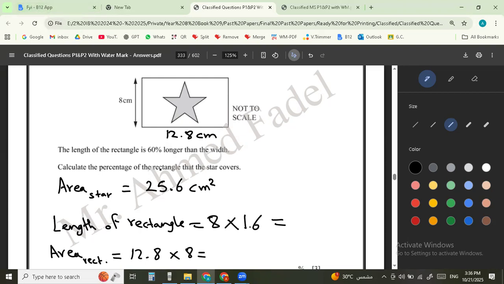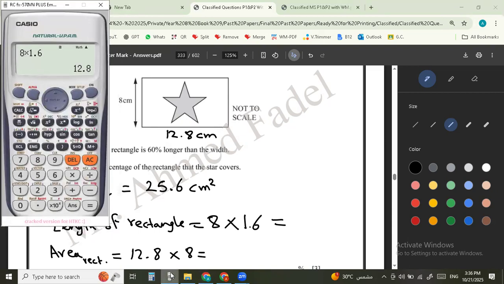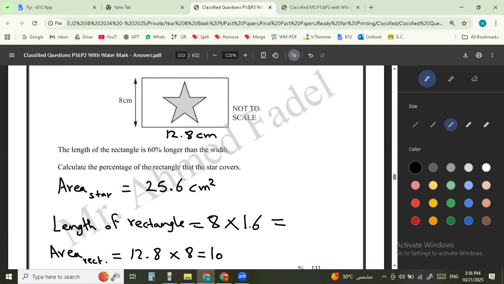Use the calculator. 12.8 times 8 equals 102.4. 102.4 centimeters squared. This is the area of the rectangle.